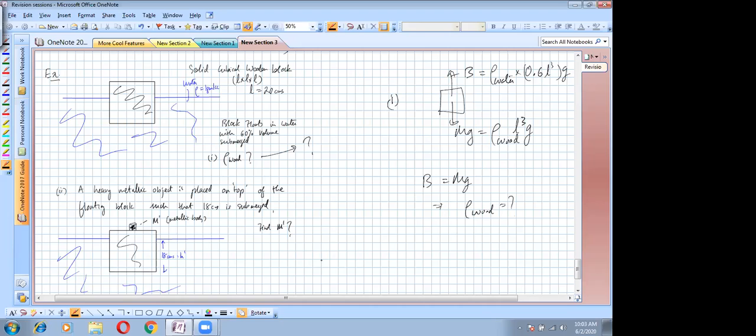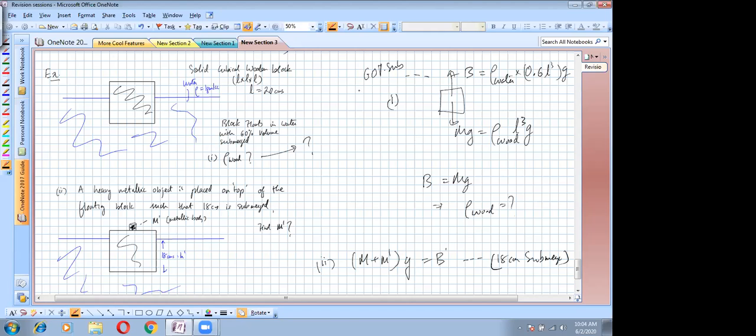In the second part, what is happening is that you will have m plus m prime g as the new value of buoyant force. Okay. This buoyant force is with 18 centimeters submerged. This was with only 60% submerged.